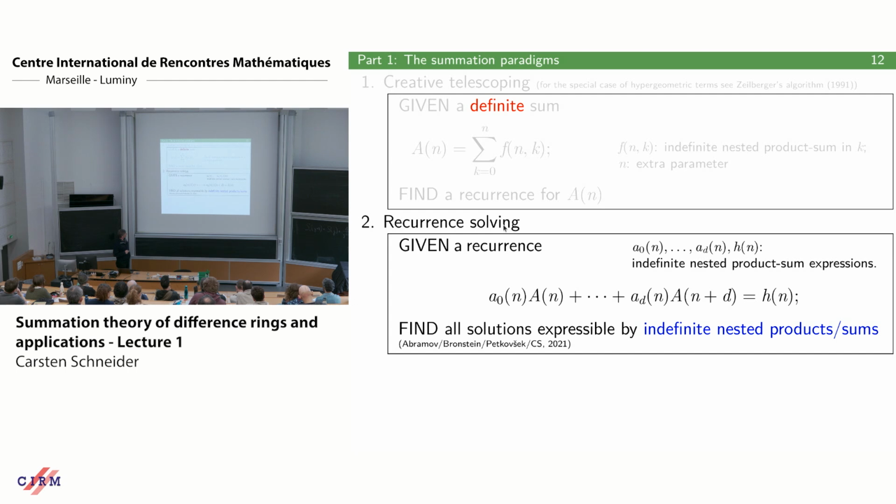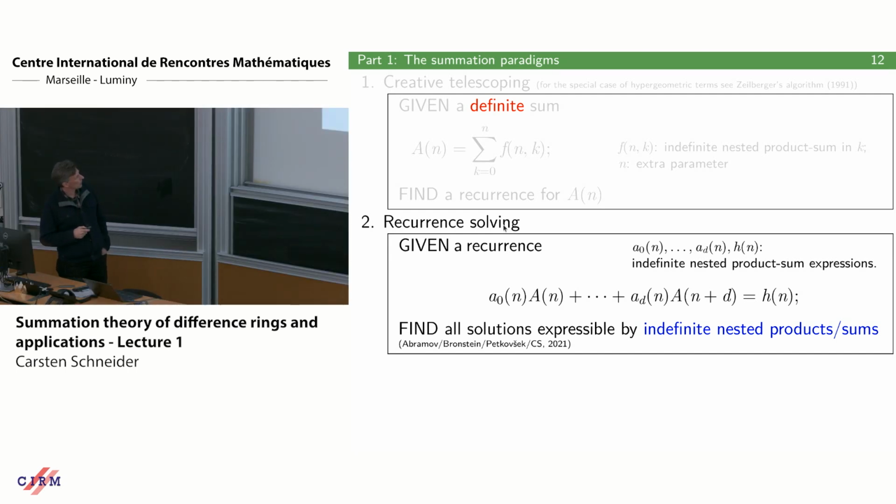So it's a recurrence of order d. The coefficients a0, a1 up to ad are given, and the right-hand side is given. And they're given in terms of indefinite nested sums and products. So these coefficients usually are very often just polynomials in n, but the right-hand sides very often are indefinite nested sums and products, complicated objects.